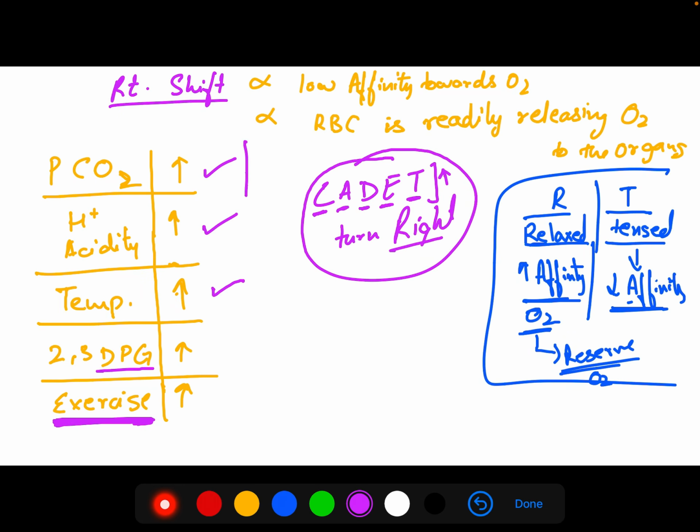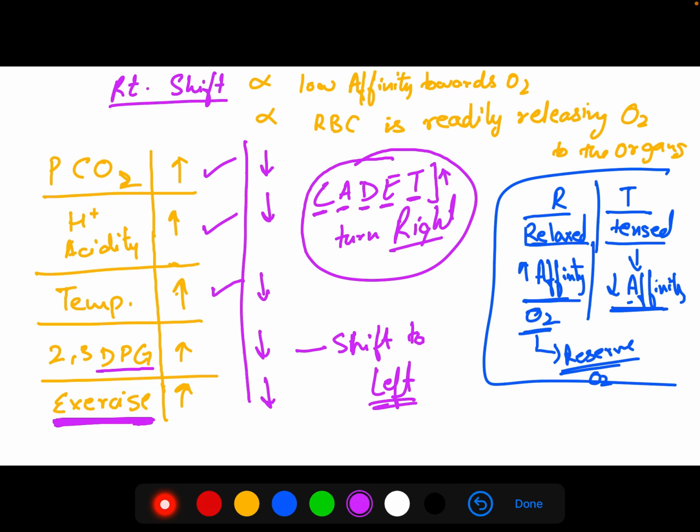And similarly, the reverse of these factors: if the CO2 is dropped, no acidity or maybe alkalosis, drop in temperature, drop in 2,3 DPG, and no exercise or resting, the curve will shift to left, which means the RBC will hold the oxygen, or you can say it will have more affinity for oxygen.